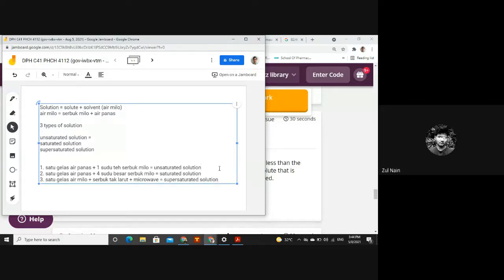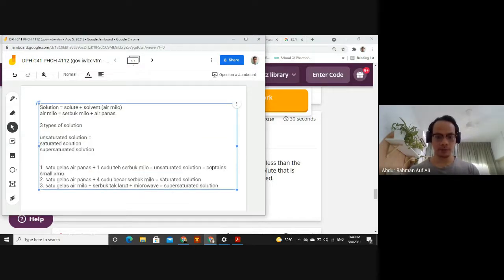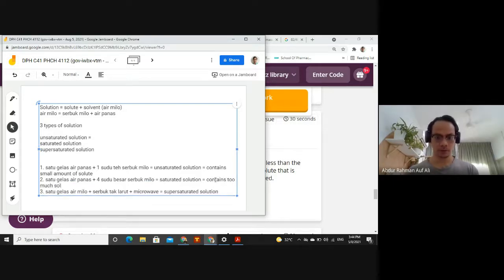So yang unsaturated solution tu apa tadi? Tak tepu. Larutan tak tepu. Dia mengandungi sedikit sahaja solute. Contain small amount of solute. Yang ini contains too much solute.